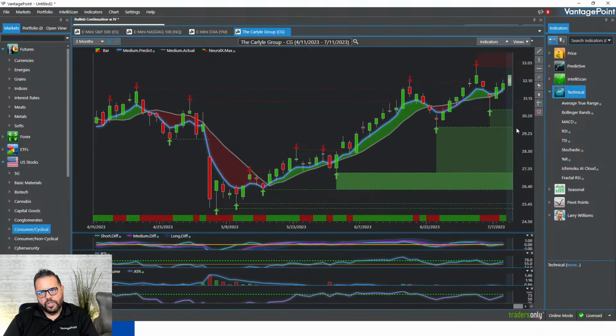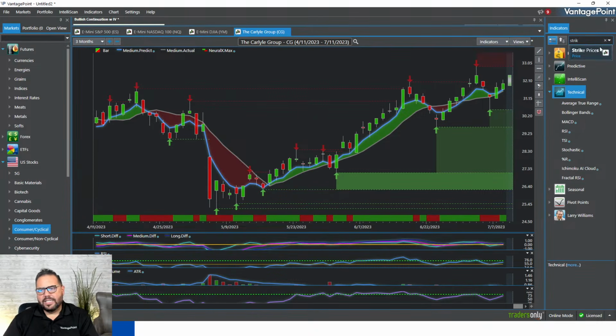So the next question comes down to, which strike price would I be looking for? What expiration date would I be looking for? I used my volatility to find a good opportunity. So then what do I do in this scenario? Well, the good news is that you've got a predicted high and a predicted low here in the VantagePoint software.